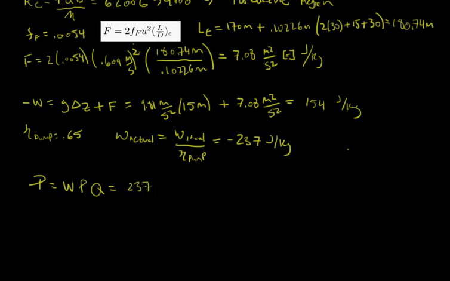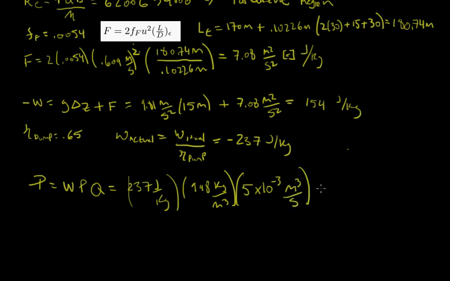So 237 joules per kilogram multiplied by 998 kilograms per meter cubed, and finally, we multiply that by our flow rate, which was 5 times 10 to the negative 3 meters cubed per second.